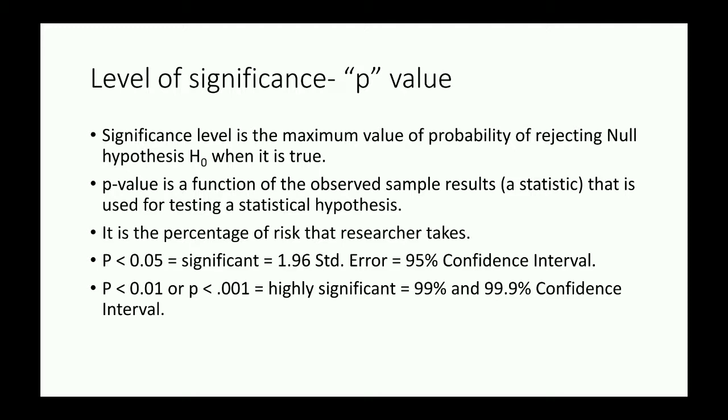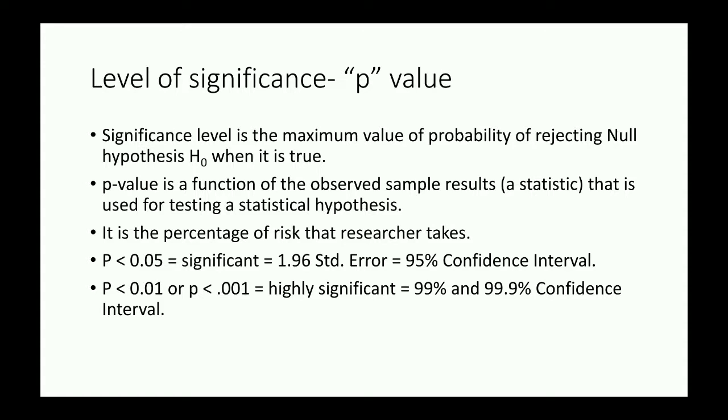So generally, if you see researches around, you will find that normally p-value or significance level is taken as 5%, that means 0.05. So 5% significance means that you are taking 5% risk that your null hypothesis is true, but you are rejecting it.